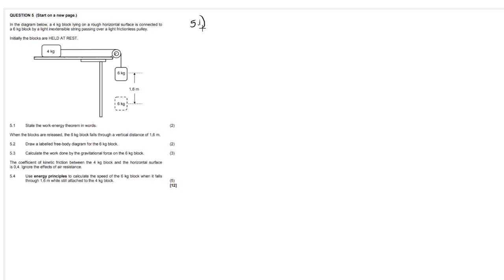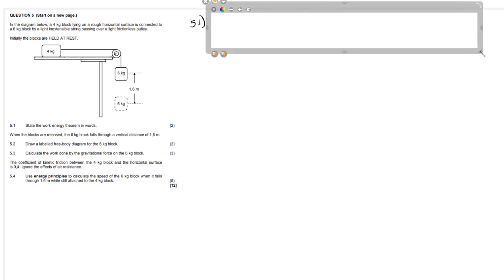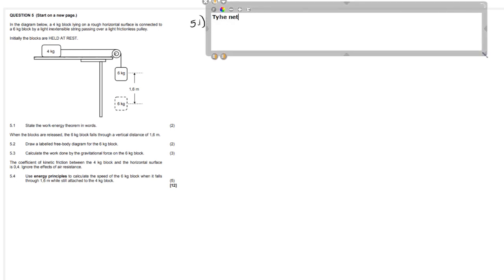So, first question, 5.1, state the work energy theorem in words. And once again, I really hope you're going to the exam guidelines. The exam guideline says that the work energy theorem, and I'm going to read it off of the exam guidelines, is the net work done on an object is equal to the change in the object's kinetic energy.